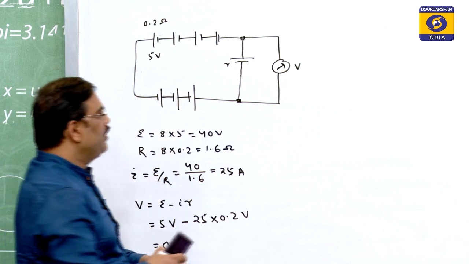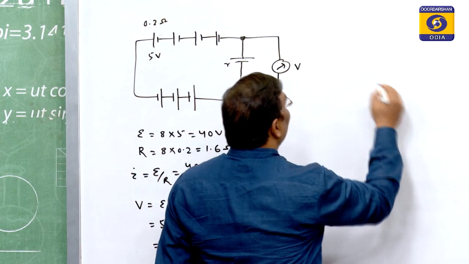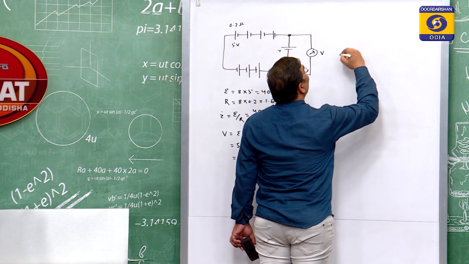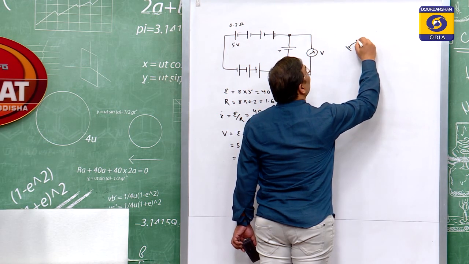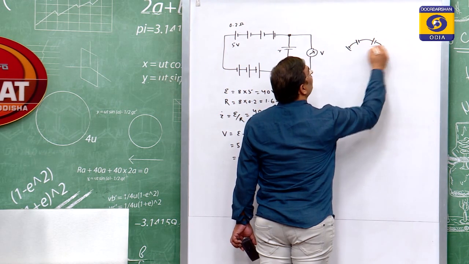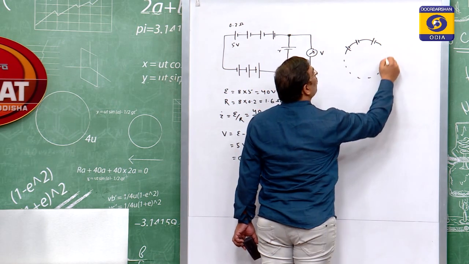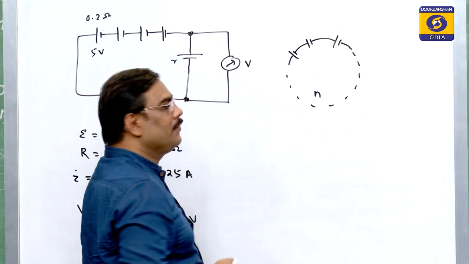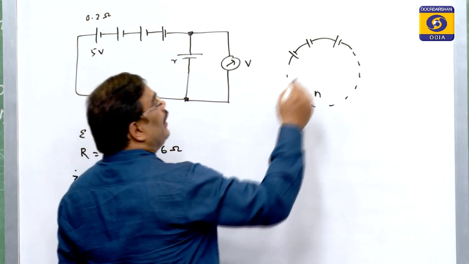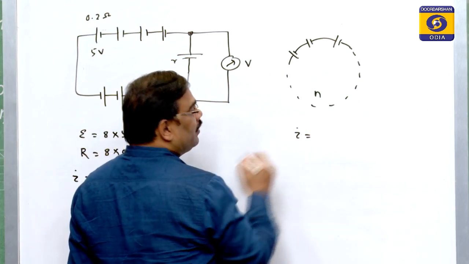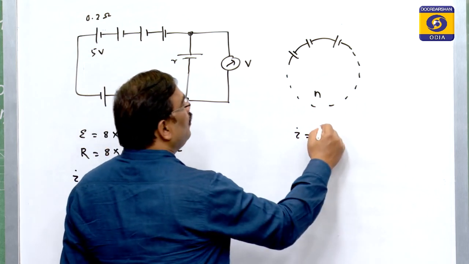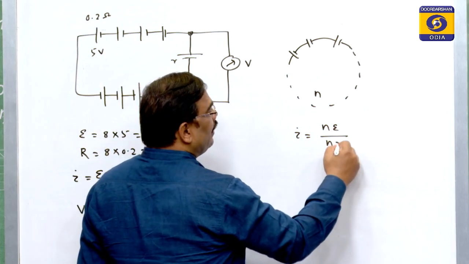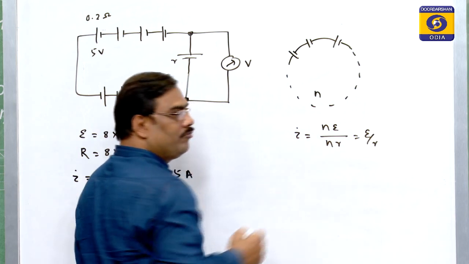In a similar situation, suppose I have again a large number of cells in a network like this. Suppose there are n number of cells connected, and if I calculate the current in this network, I will be equal to nE divided by nr. So this is E by r.